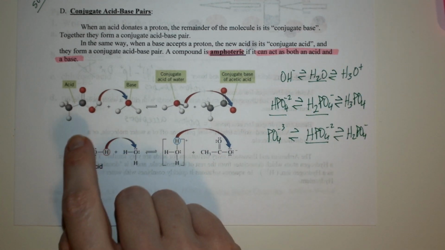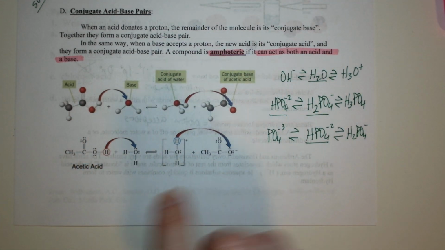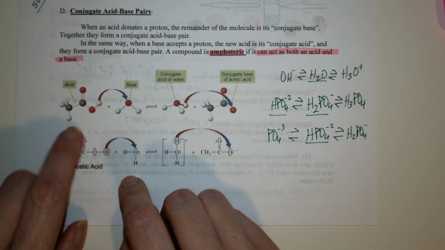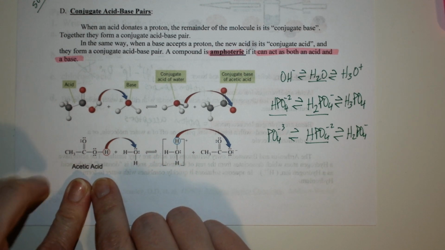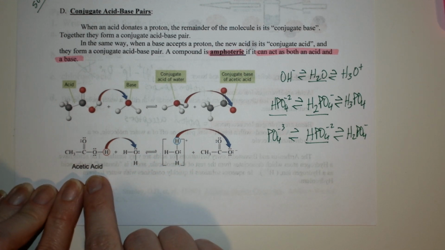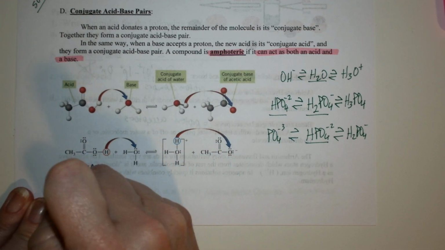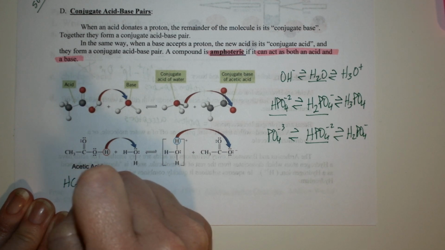Now, what happens if you have an acid, in this case acetic acid? This is just a fancy drawing for acetic acid. It is an acid. If you remember the formula for acetic acid, it's HC2H3O2.